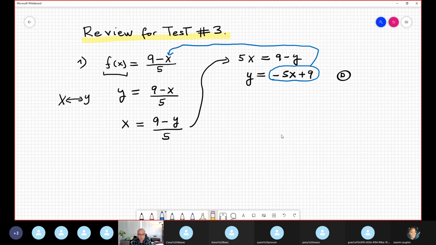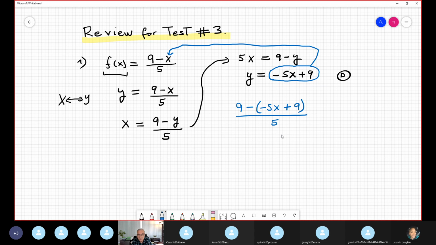Okay, we have 9 minus, no x anymore, but sorry, in the y place, no? Bueno, no, it's okay. Entonces, negative 5x plus 9, divided by 5, no?